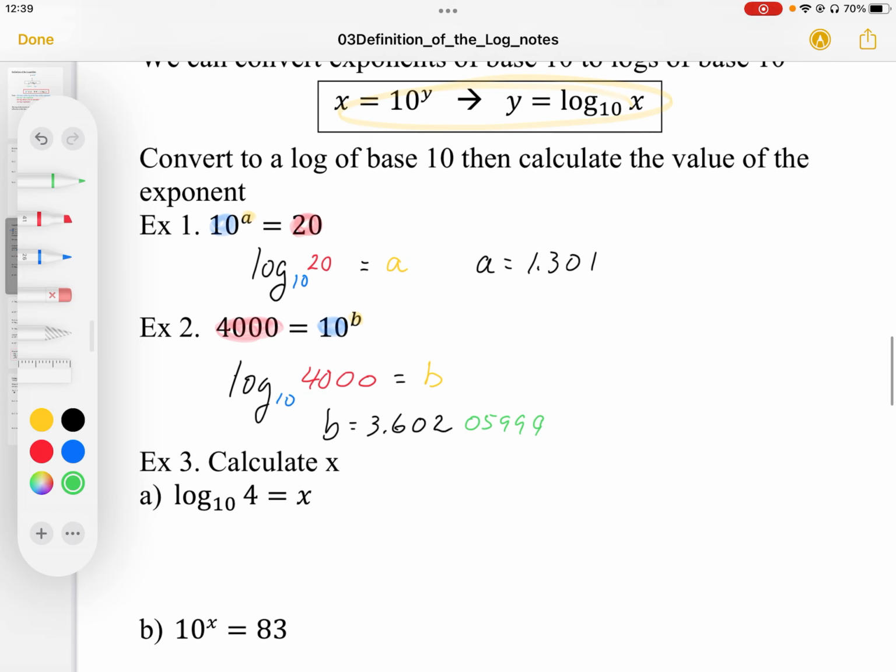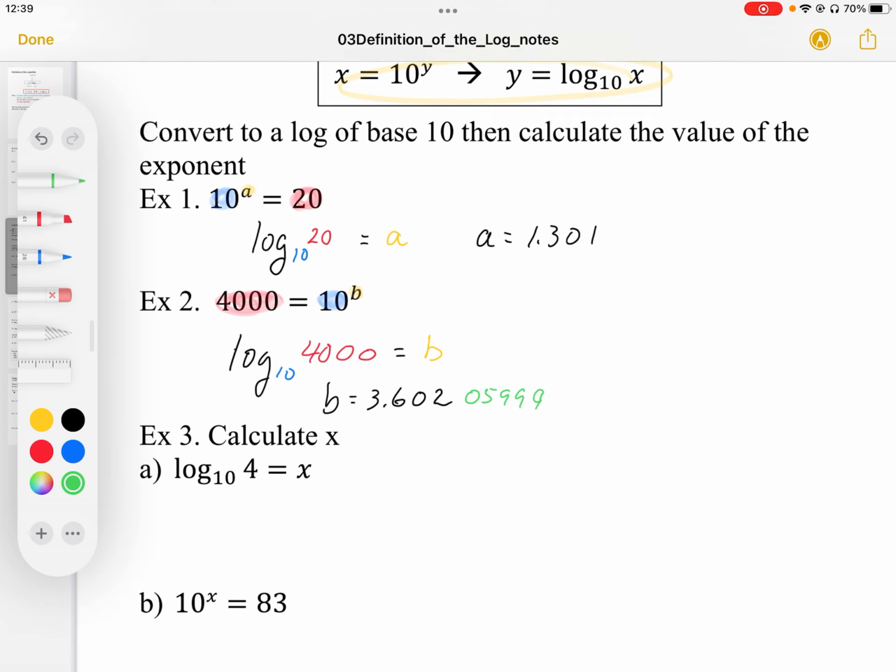So when I calculate x for these, for example, I'm going to plug into my calculator log base 10 of 4. My calculator gives me a value of 0.602. And if I look at the decimal values that continue on, it's 0.60205999. Now, if we take a look at the previous example, it looks like there's some sort of relationship here. This value here and the decimal value here seem to be related.